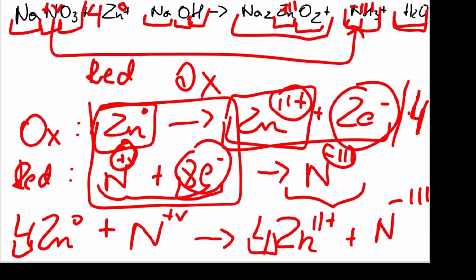There is no way to avoid 4 in the front of sodium zincate. We need to put this number here. So we have 4 metallic zinc, we have 4 particles of sodium zincate, and what else?